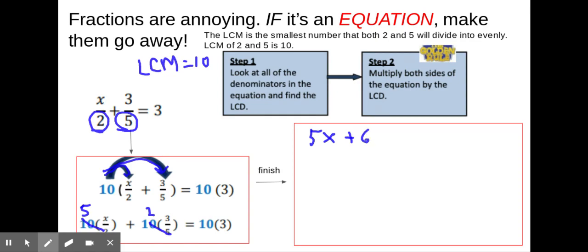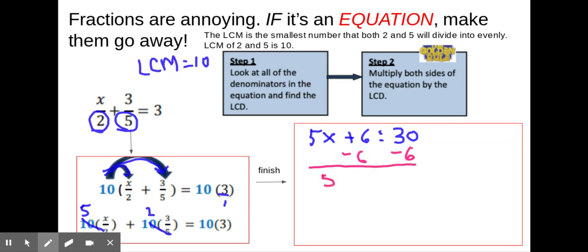And here, I could have written this 3 over 1, but it's not really a fraction. There's nothing to reduce. So all I do is multiply 10 times 3, and I get 30. Now I have an equation with no fractions that's quite easy to solve. I subtract 6 from both sides.